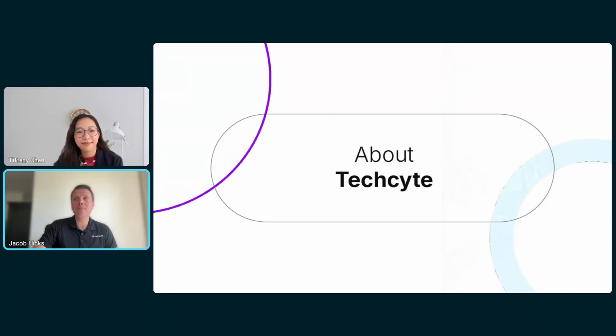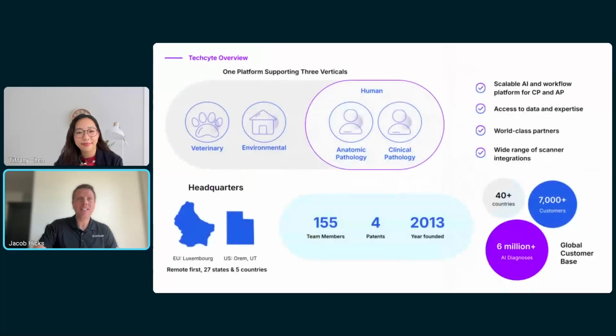So first, a bit about Techcyte. Techcyte has been in business about 12 years. We were originally a technology transfer company out of the University of Utah and ARUP laboratories. We have built a world-class software as a service platform that automates and digitizes diagnostics across all laboratories in the medical or human space, veterinary, and environmental.